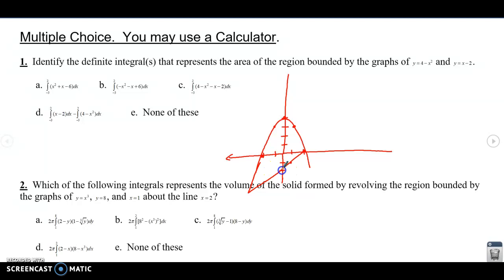Now, if we go back, we want to know where these two intersect. The easy way to do that is just set them equal to each other and solve. If I move everything over to the right side, 0 equals x squared plus x minus 6. That means the places where they intersect will be x equals negative 3 or x equals positive 2.